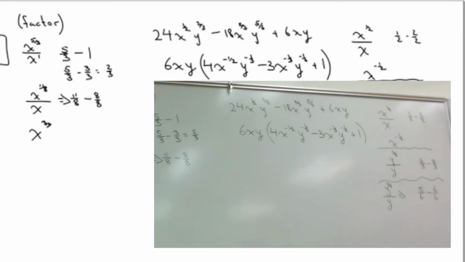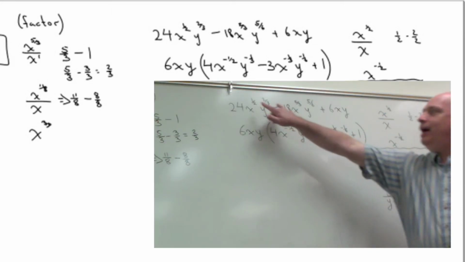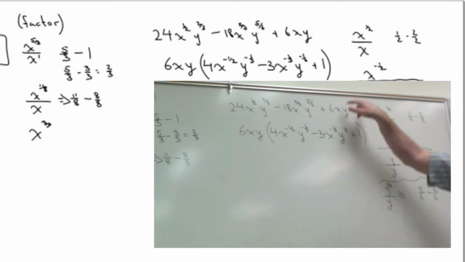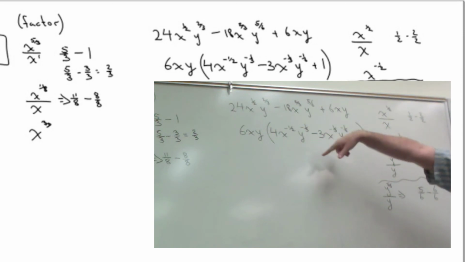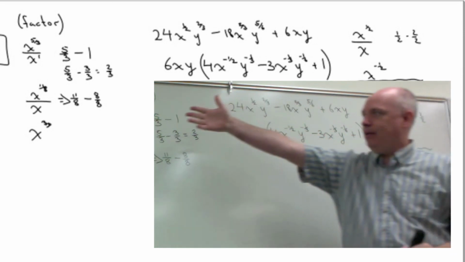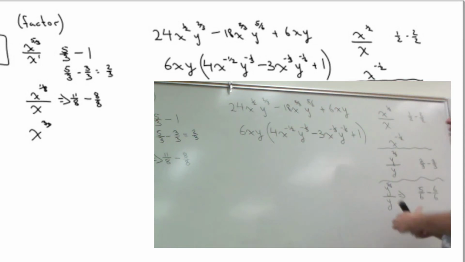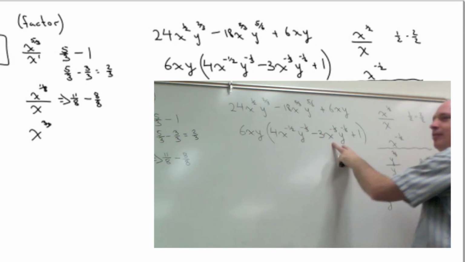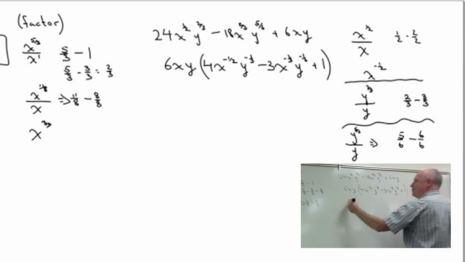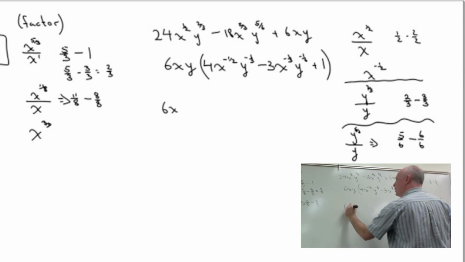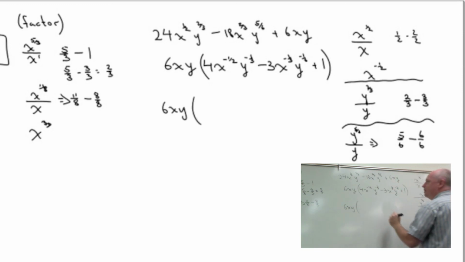The problem with the book style factoring is if these powers are not bigger than 1, you're going to get negative exponents. Did they? Yeah, they kept them bigger than 1. But there is that possibility that they're smaller than 1, and then the book's method gets a little messy. Because now I have to take all these negative exponents and put them at the bottom. So this becomes 6xy times the quantity, what stays up top? 4.